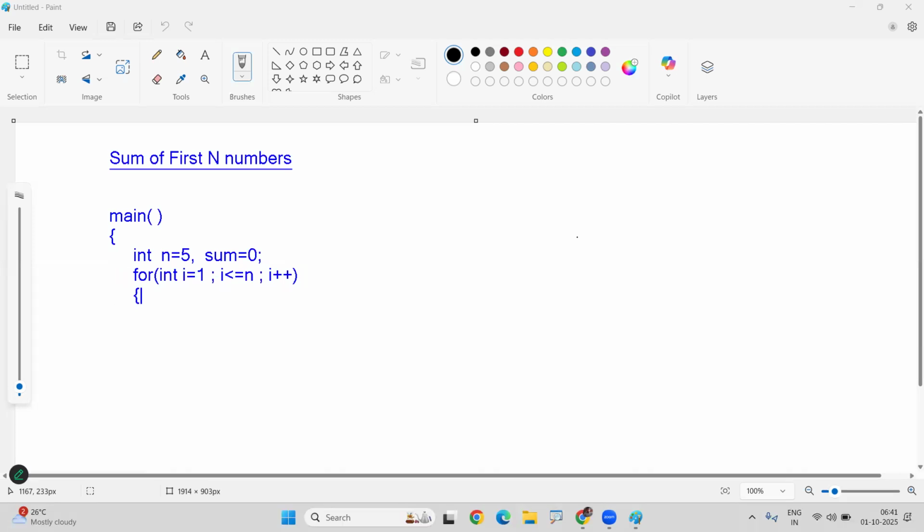Every time we are doing sum = sum + i, and then a printf of "sum is equal to %d", printing that sum.